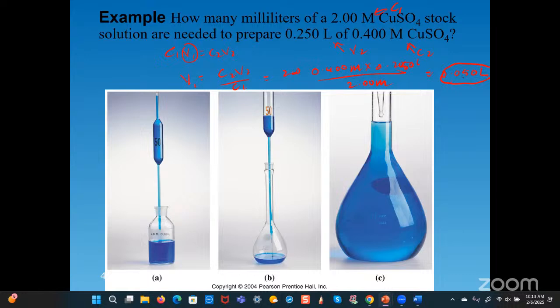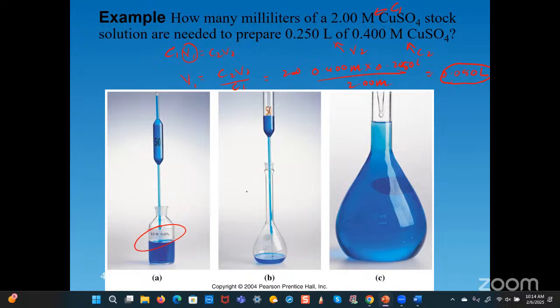And that's what's being demonstrated in these pictures. The first picture on the left is your 2.0 M copper(II) sulfate in a bottle. What this person did was use this pipette to measure 50 mL of that solution, and then that solution is transferred into this, which is called the volumetric flask.